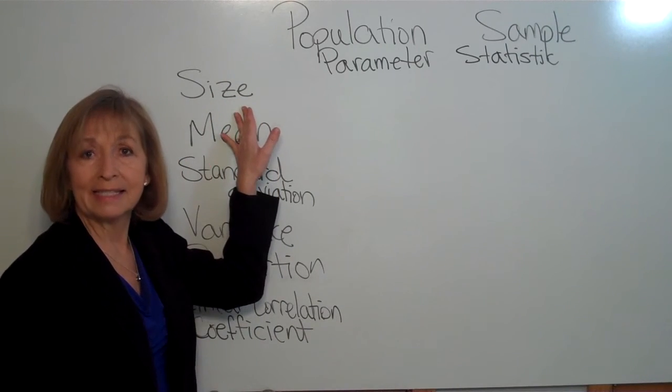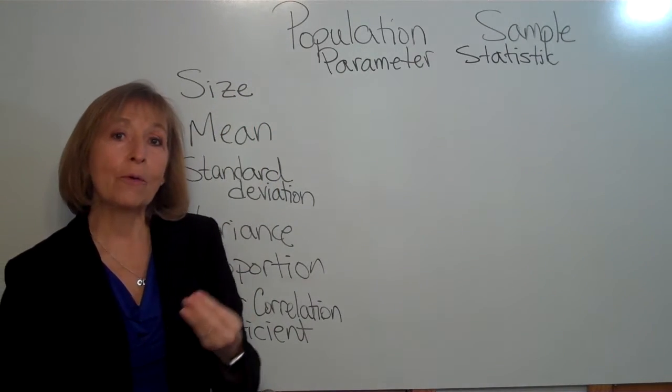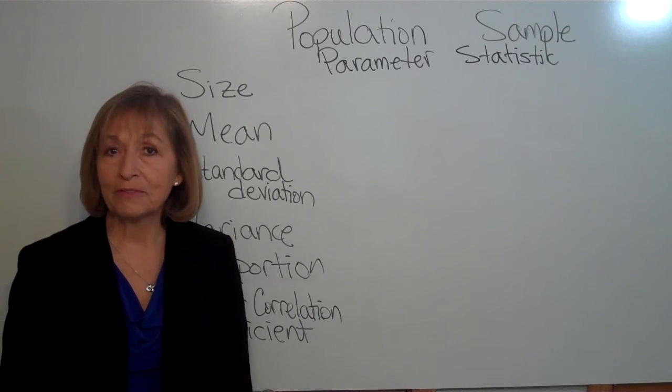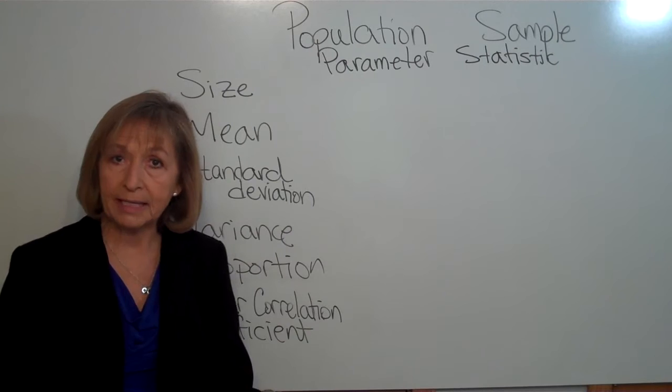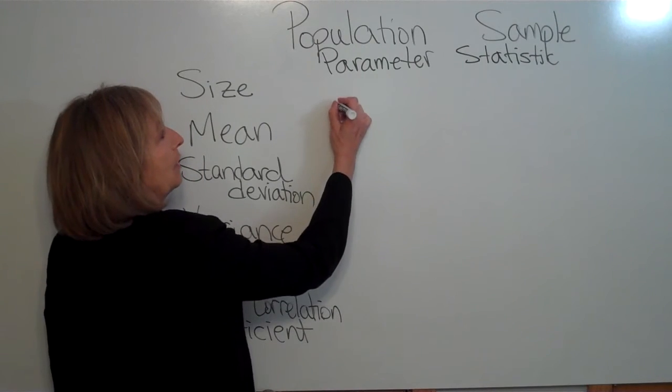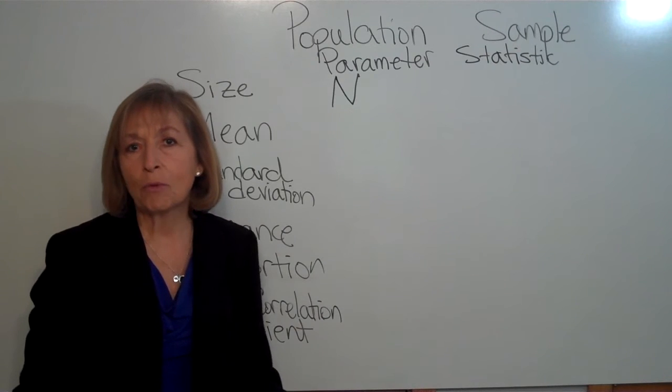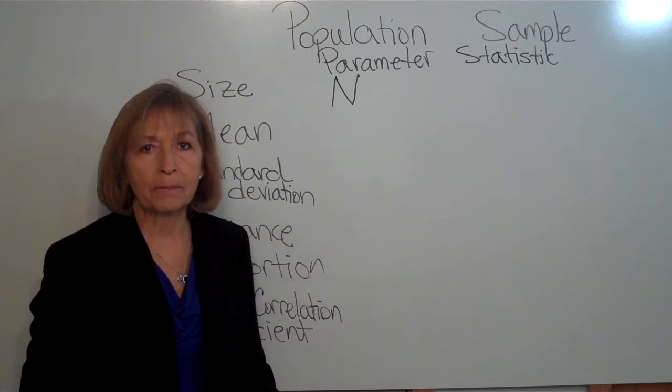So first off, the size. When we're trying to say how many data values that we have, if we're talking about the number of data values in a population, that is denoted by a capital N. And N for the first letter of the word number.